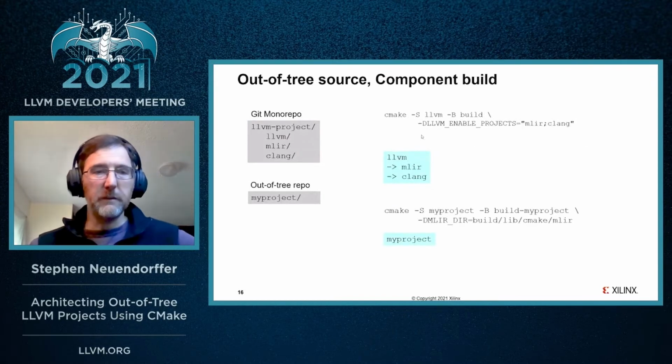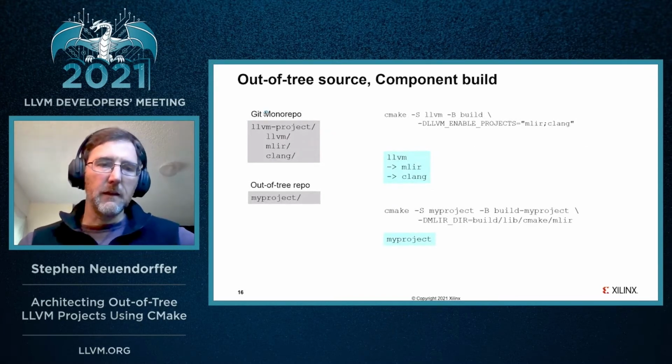So if we have a componentized build out of tree, our source files are again going to stay the same. But in this case, we can execute two separate builds. First, we can build LLVM with one run of CMake and one run of Ninja or Make. And then later, we can come back and build our project.